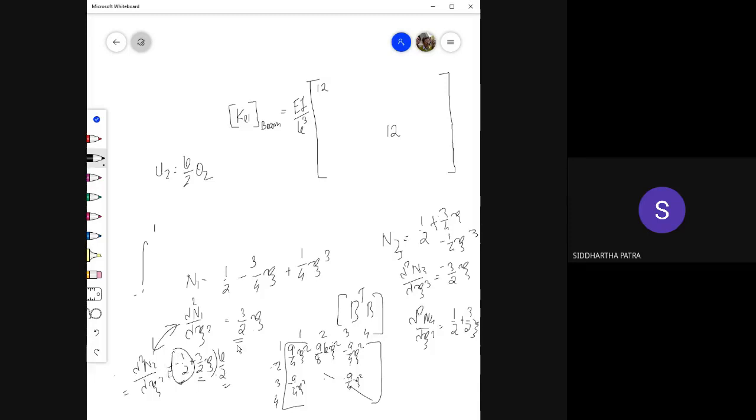But before that I'm supposed to be doing the product, because when I'm doing d2 into d xi2 times d2 n4 d xi2, even this half can possibly give me an even function. So I need to do the multiplication first and then only put the even functions in the matrix.